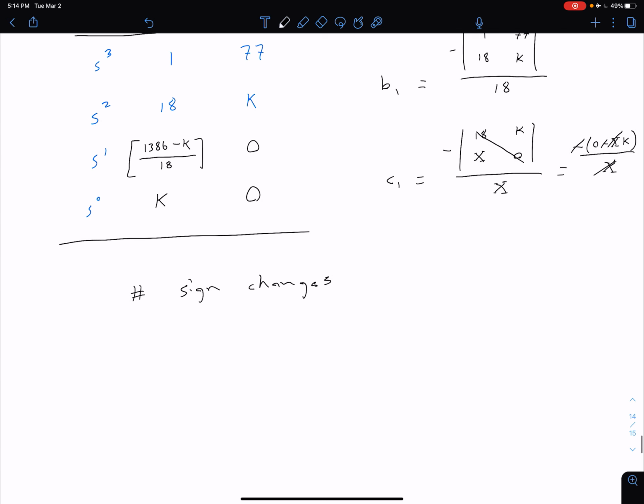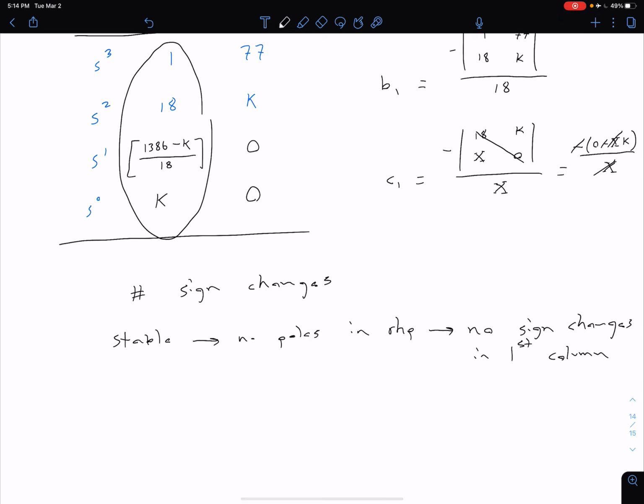And so of course, if we want our system to be stable, stable means no poles in the right half plane, no poles in our RHP, which means no sign change in our first column. And that's the first column of our Routh table, obviously. So we're saying we don't want any sign changes here.